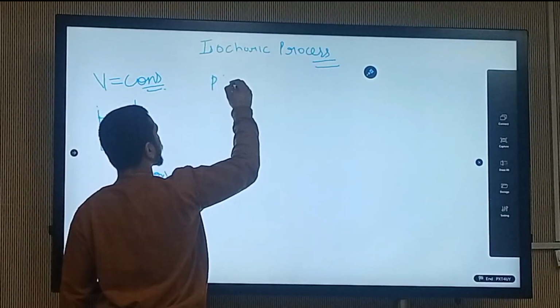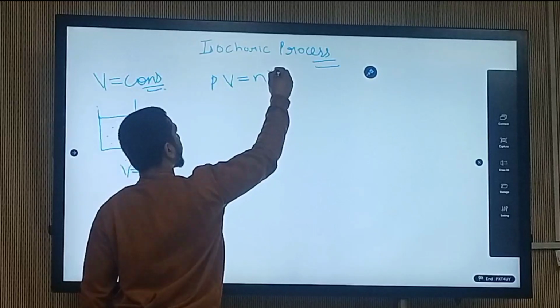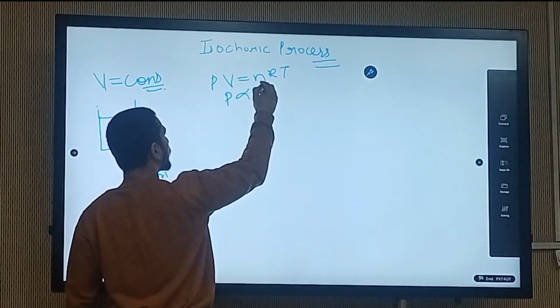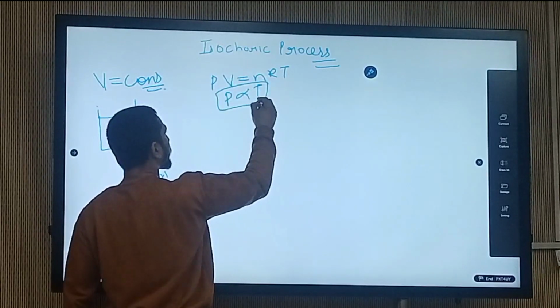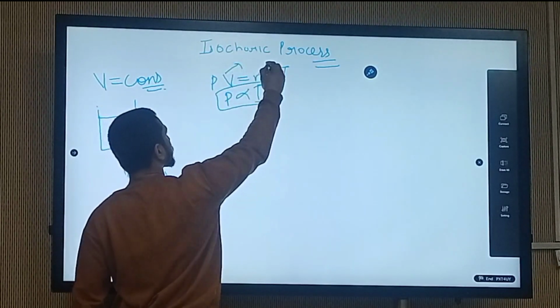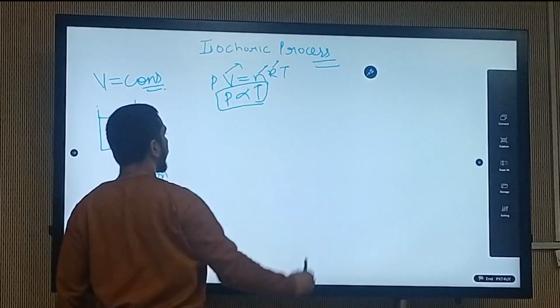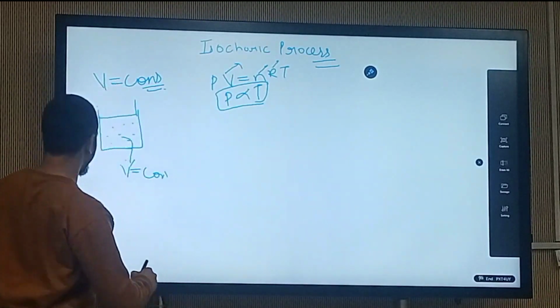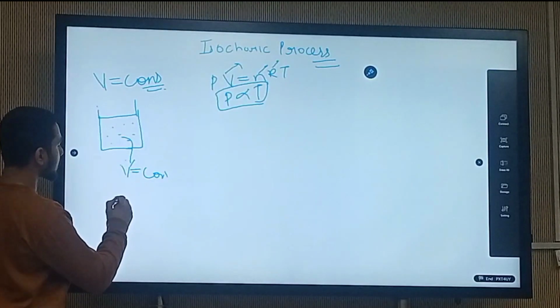In this, the general equation is PV = nRT. So P is directly proportional to temperature, because all the others are constant: volume is constant, n is constant, and R is constant. So P is directly proportional to T.